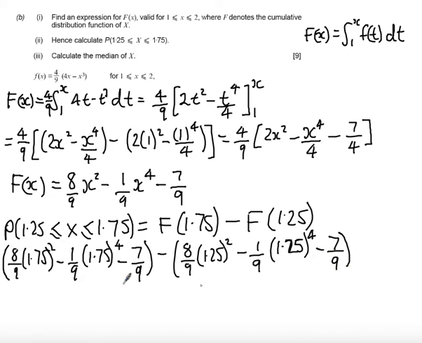Now this can, if you're confident, be substituted straight into your calculator and evaluated in one go, and if you do so carefully, you can come up with the exact answer, 9/16.